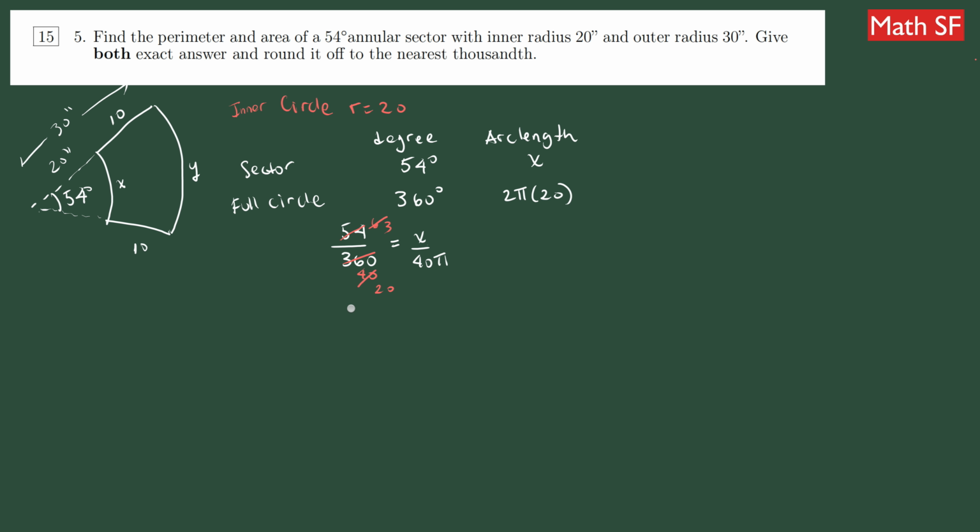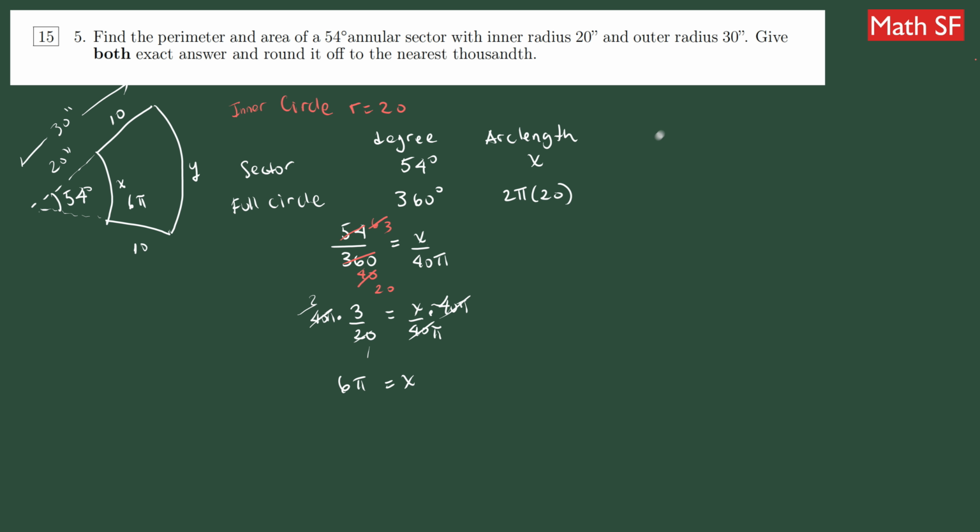So overall, we have 3 over 20 equal to x over 40 pi. I'm gonna multiply each side by 40 pi to leave the x by itself, and simplifying, 6 pi equals x. So therefore this part is 6 pi.